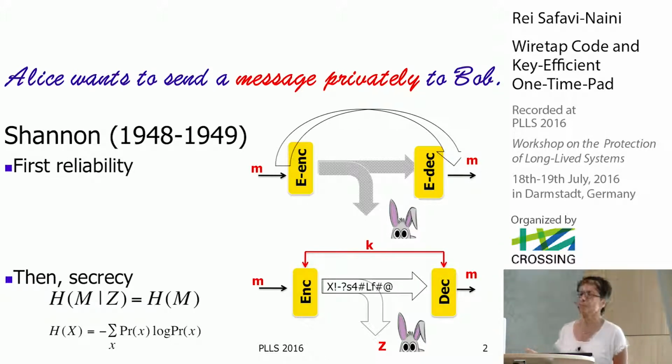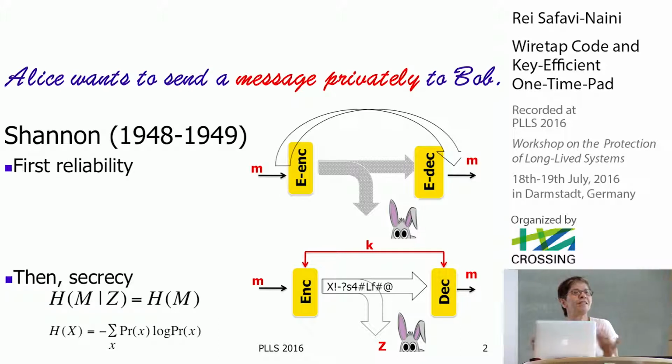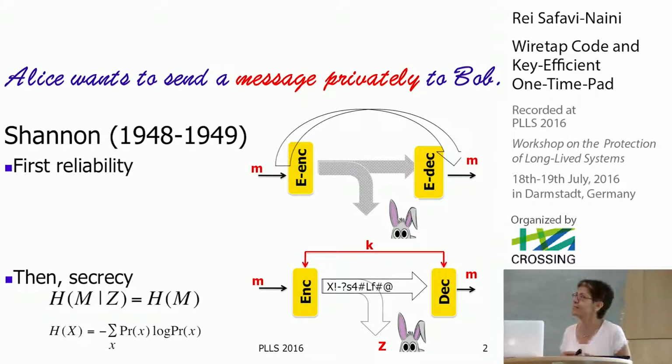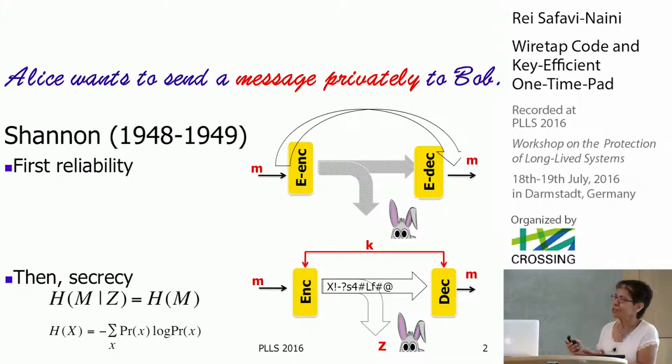So he introduces information theory. Now he uses it to define what perfect secrecy means, and proves that the one-time pad gives you perfect secrecy. So this is the very first formulation of security theoretically, and proof of security, that we have.